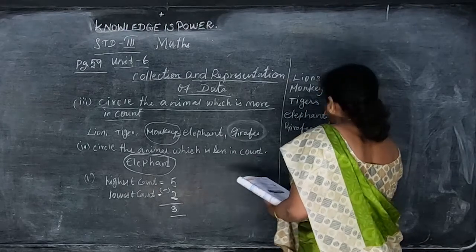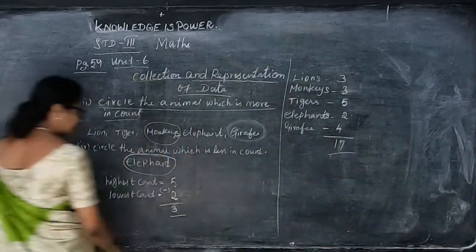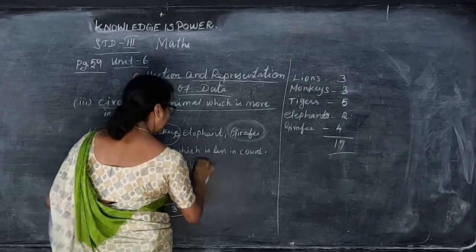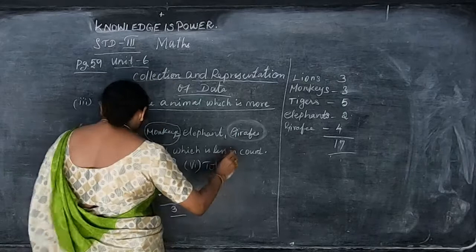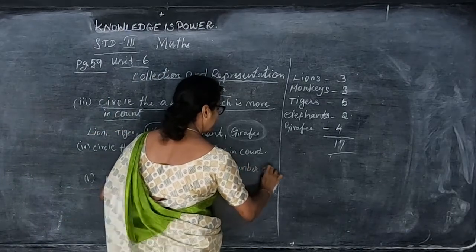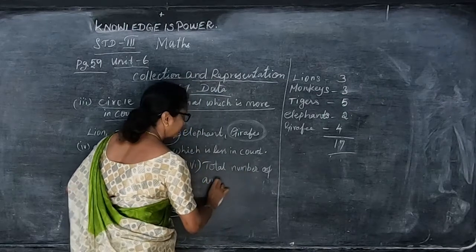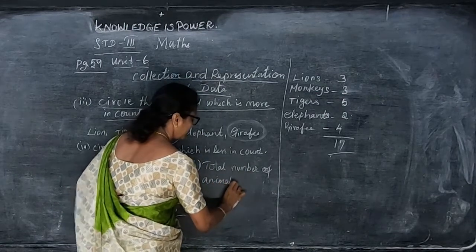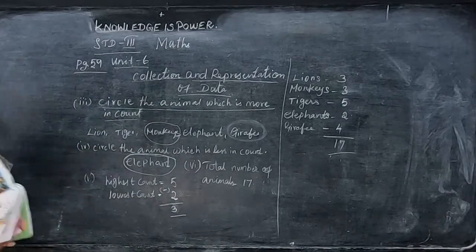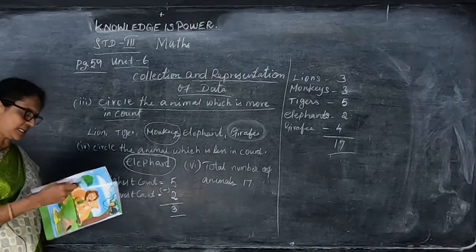Okay. So total number of animals. So the sixth one, total number of animals is 17. Okay, this is the pictorial representation of writing the question answer.